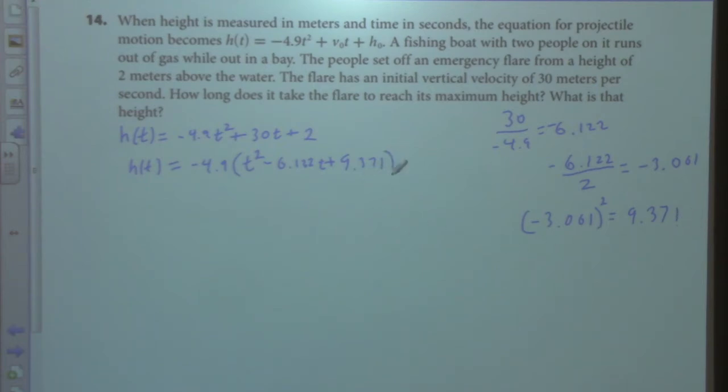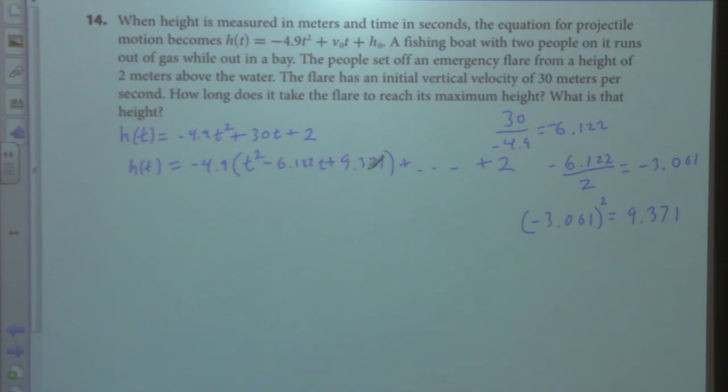And out here, what are we going to do? We know we're going to have to add the 2, right? But what are we going to have to add to compensate for this thing right here? Like 3.061? No. Is it going to be times negative 4.9?